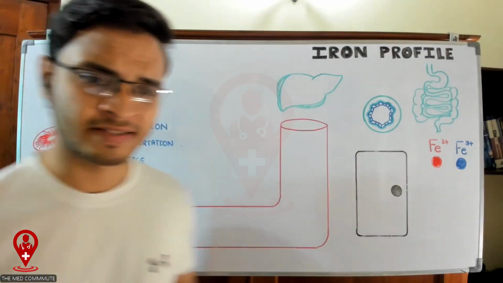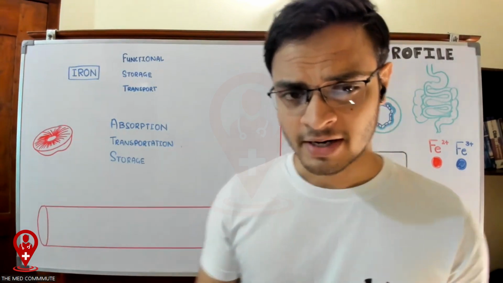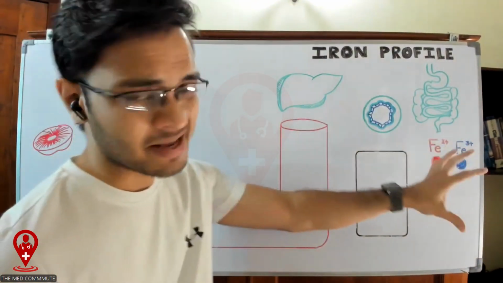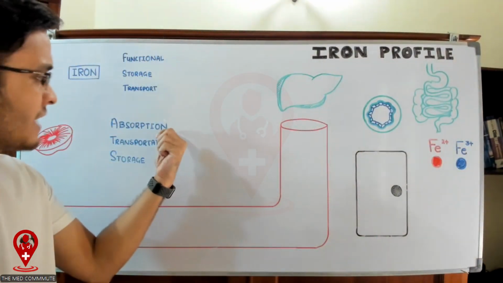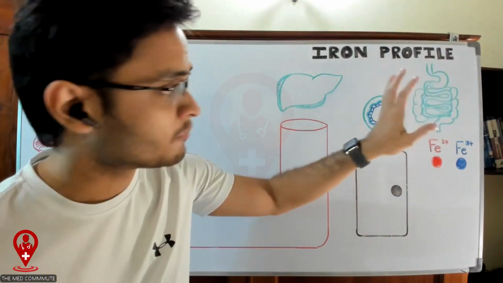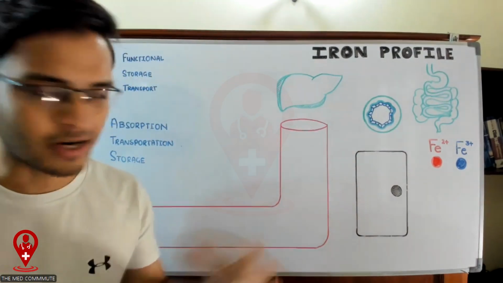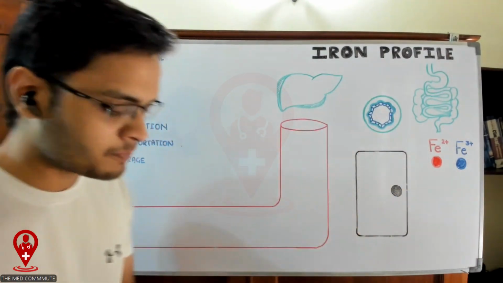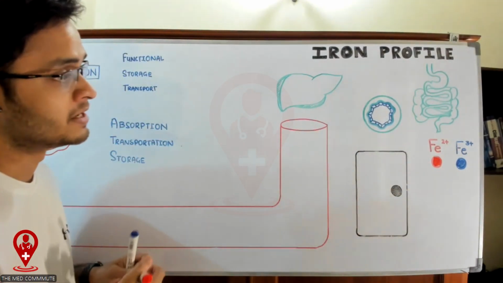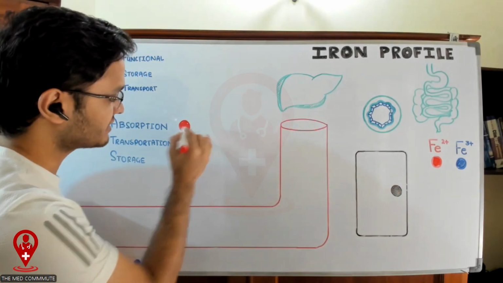So what I want you all to understand is that for absorption, transportation, and storage purposes, our body prefers iron in different forms. For example, for the absorption process, that is absorbing the iron from the gut into the duodenal epithelial cells, our body prefers the Fe2+, the red one, the heme iron, the ferrous iron form.